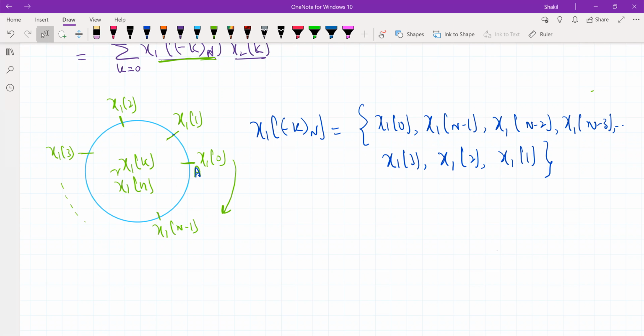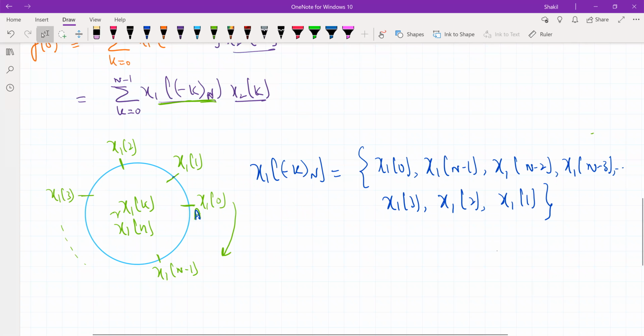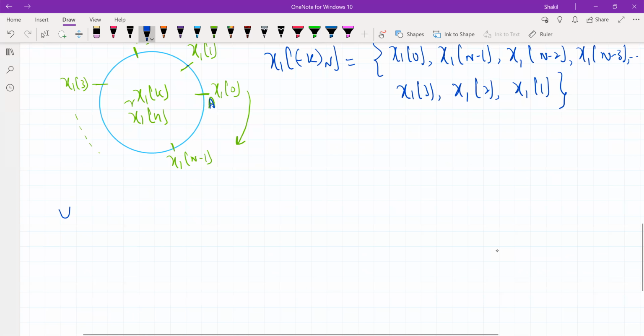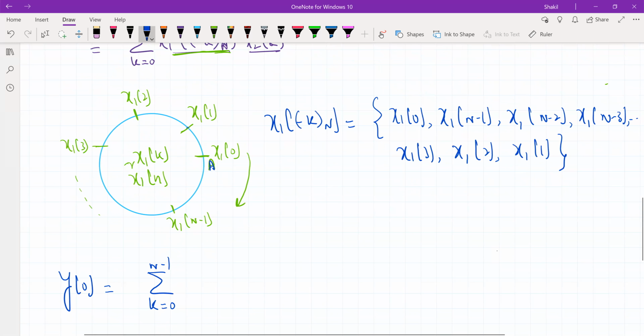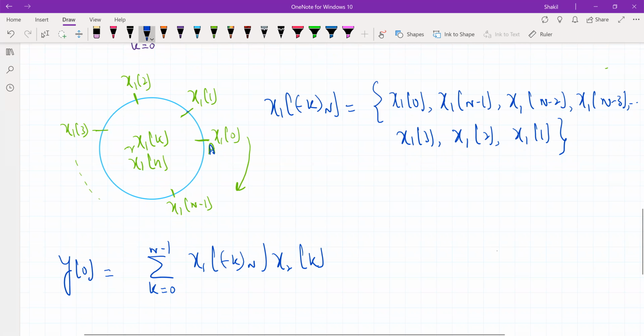I can also write this term like this. Let me expand this term, y of 0. How do I obtain y of 0? y of 0 is the summation over k running from 0 to N minus 1 of x1 of minus k modulo N and x2 of k.